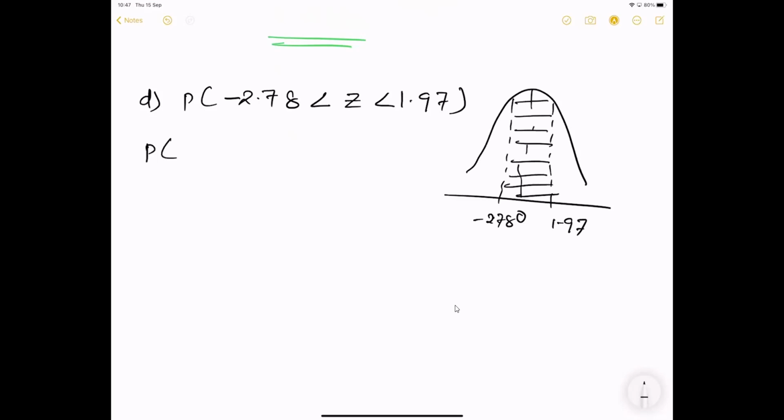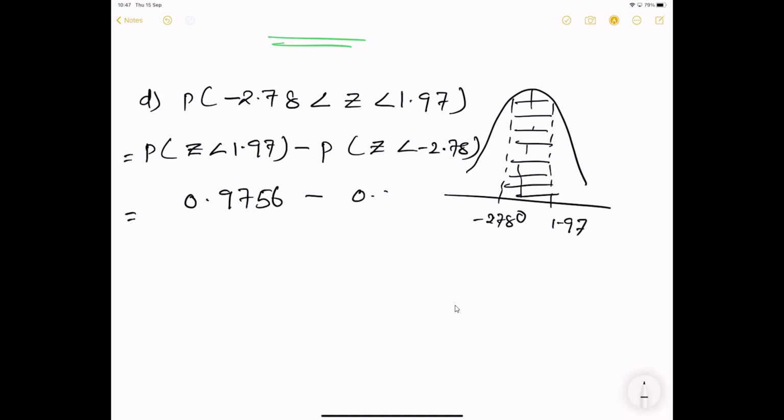As we discussed earlier, it is Z less than 1.97 minus Z less than minus 2.78. This one should be 0.9756, that is the total area, minus 0.2227.